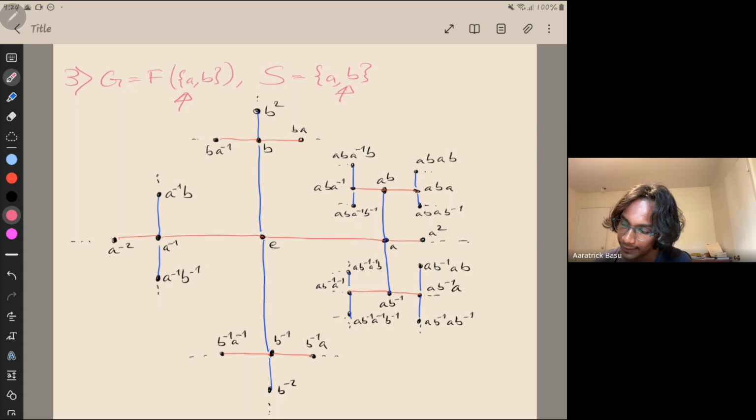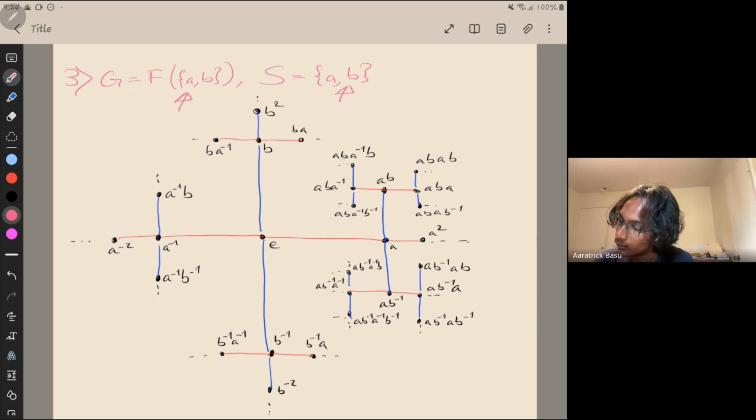You have this identity element given by the empty word. You can either multiply on the right by A, or multiply on the right by B, or multiply on the right by A inverse, or B inverse, right? So there's 4 ways to go from E. There's nothing else that you can do. You have to multiply by either A, B, A inverse, or B inverse. That's the definition of edges in your Cayley graph.